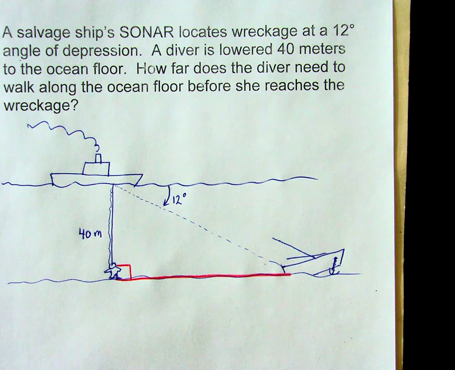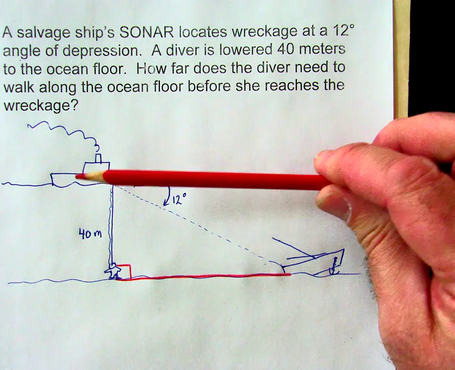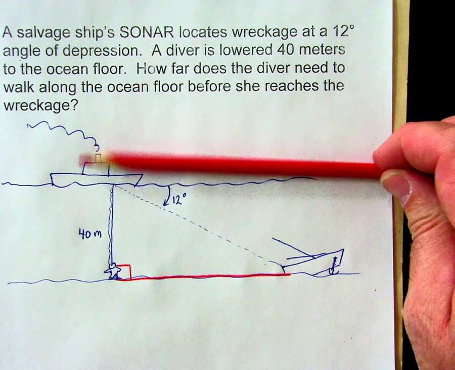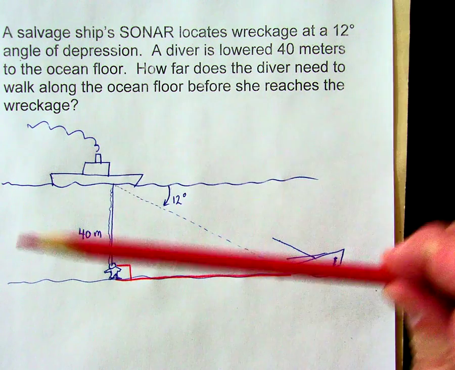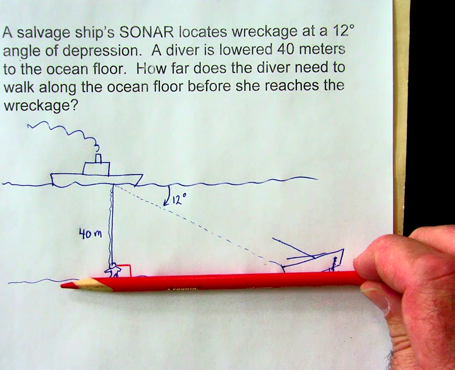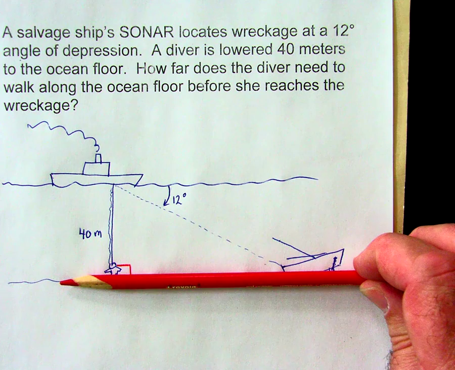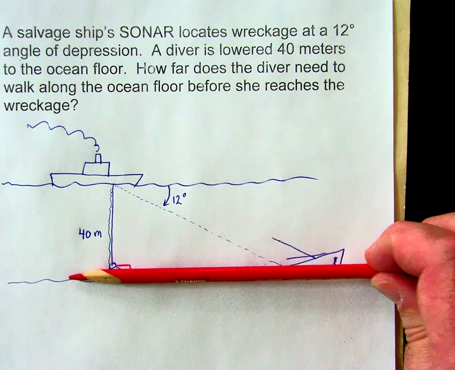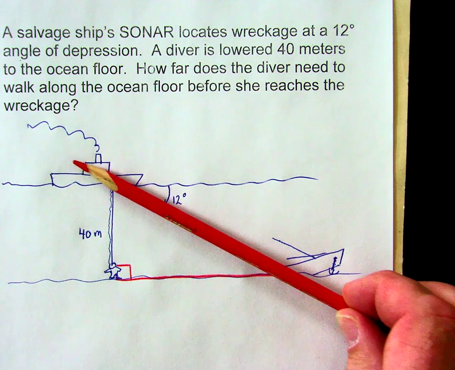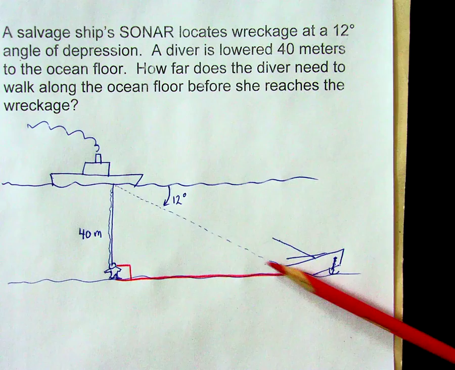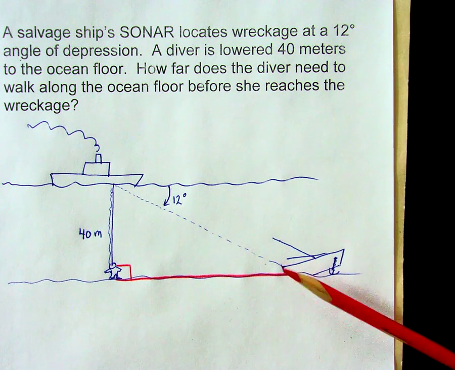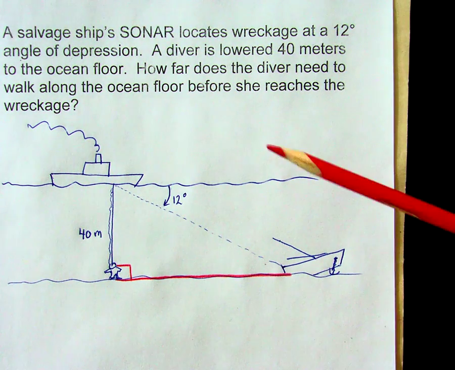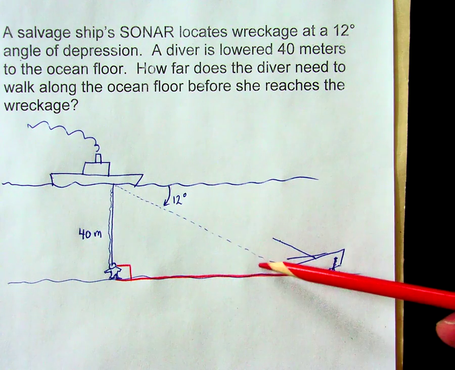Well, there are a couple of moves. Remember the horizontal representing the surface of the ocean and the horizontal representing the floor of the ocean are parallel lines. And so this sonar reading traveling linearly from the ship to the wreckage would act as a transversal, which means that alternate interior angles are congruent.